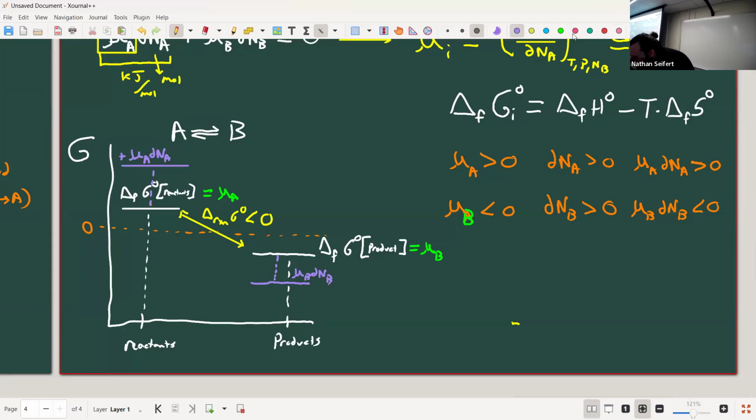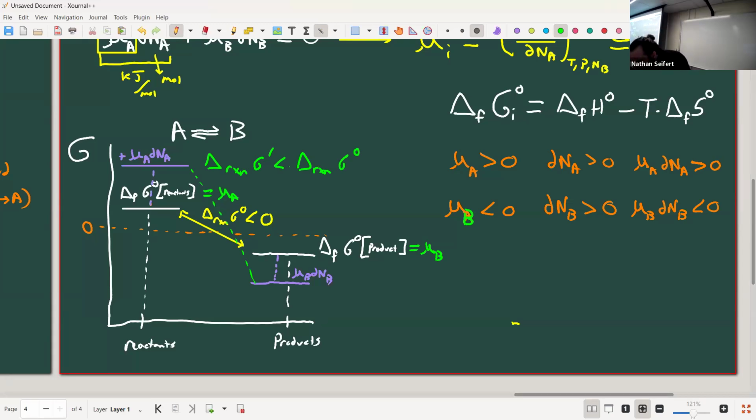And so now at these conditions, when I've added this additional A, the Gibbs energy of my reaction is now different. It's greater, right? So delta reaction G prime, which is after I've enriched it with A, is, I'm sorry, it's less than, because it's negative, the delta reaction G at standard conditions.